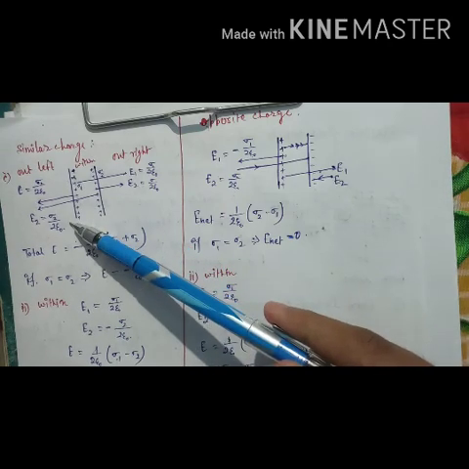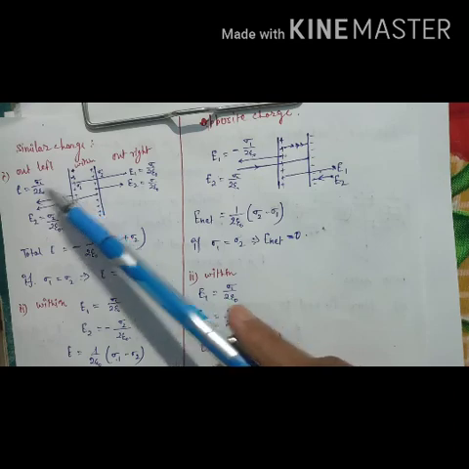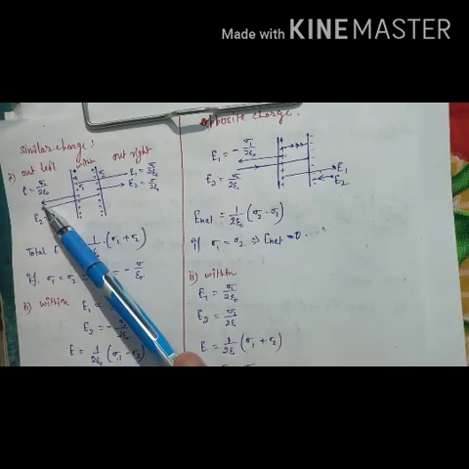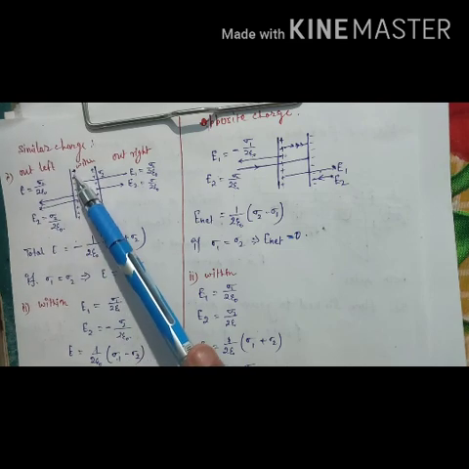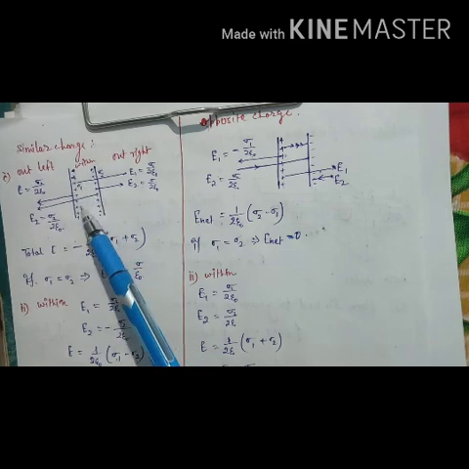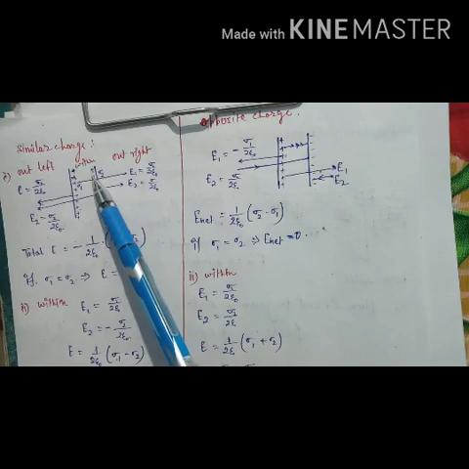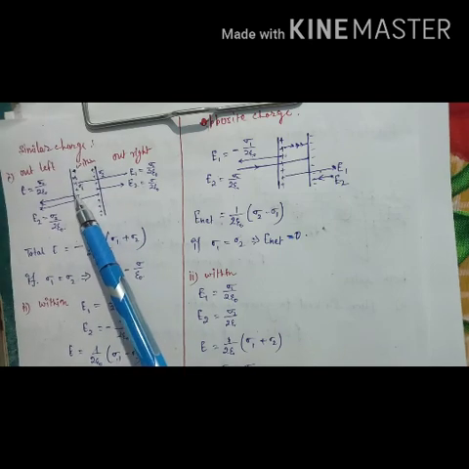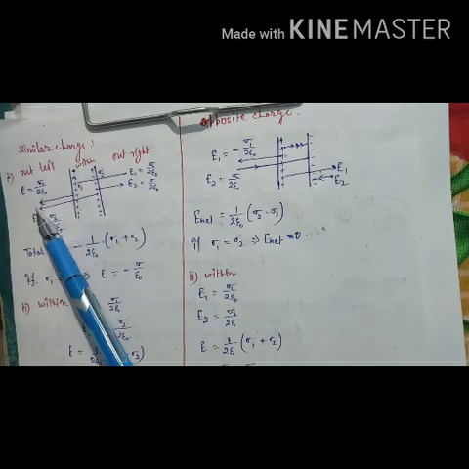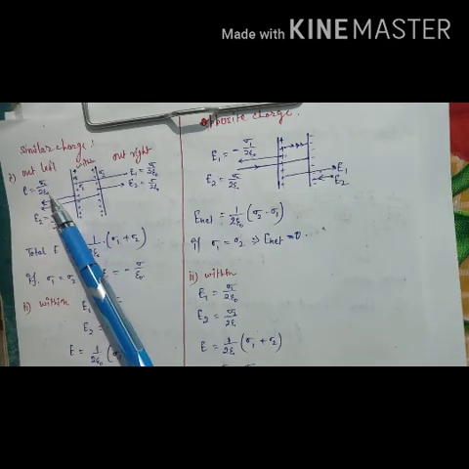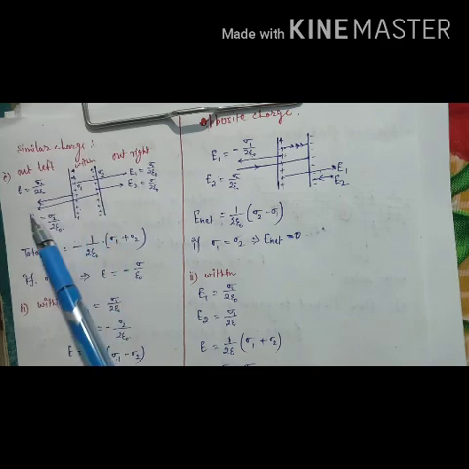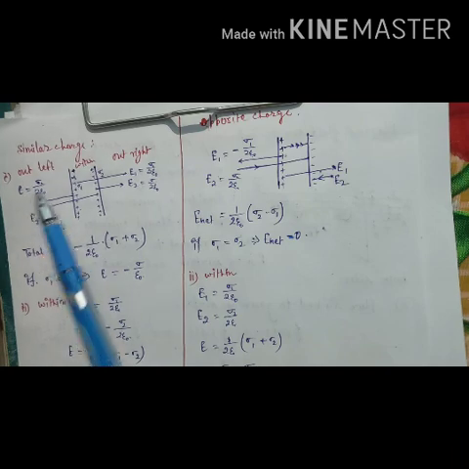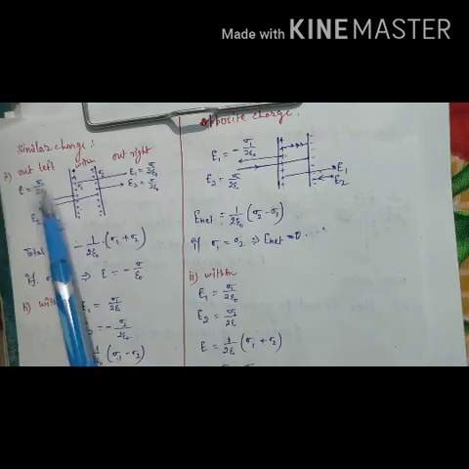One sheet is positively charged, so the electric field at the left of the sheet is E1. Let us suppose the surface charge density here is sigma 1 and here is sigma 2. Due to this sheet, E1 is equal to sigma 1 upon 2 epsilon naught, and due to this sheet at this point E2 is equal to sigma 2 upon 2 epsilon naught. Both have minus. Why minus?